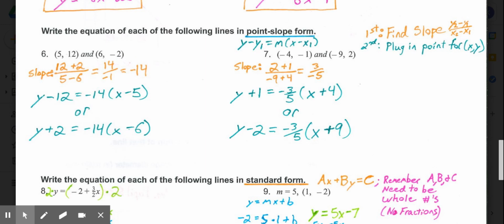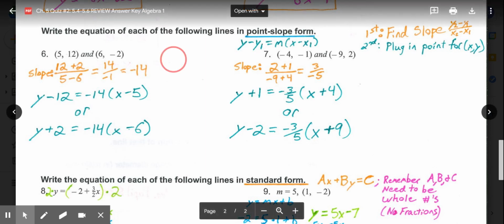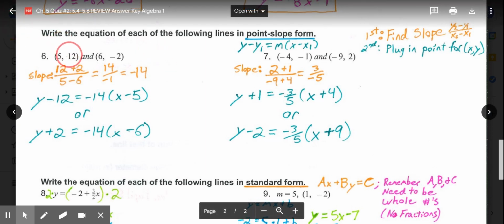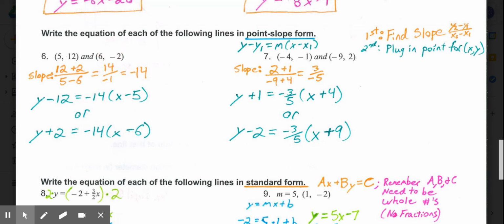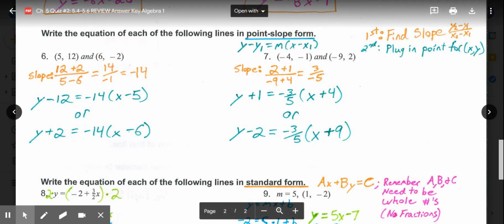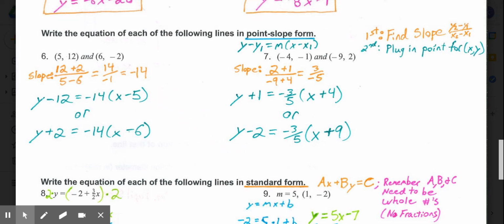Once you have your slope, you can select either of the original points. So I could use the 5, 12 or the 6, negative 2 to write my point slope equation. So if we use the 5 and the 12, you would end up with this top equation: y minus 12 equals negative 14 times x minus 5.